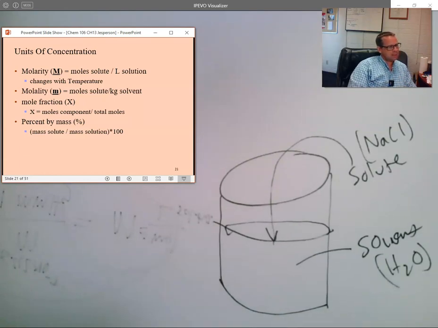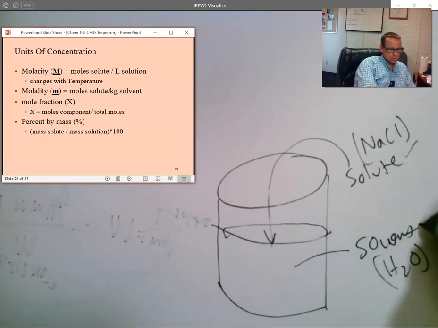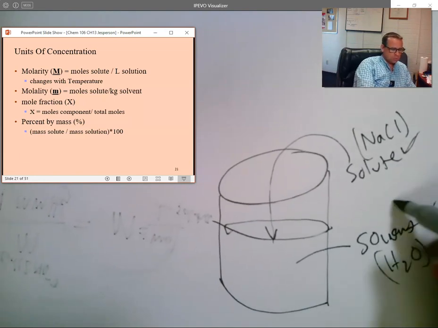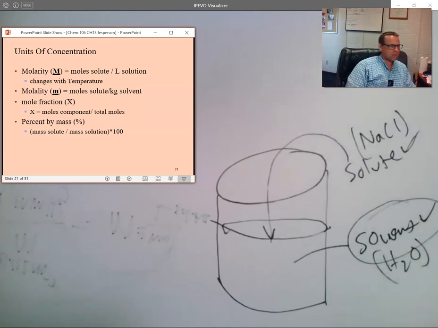Let's see, I think it's Aisha's turn. So Aisha, if you think about air as a solution, a mixture of a solvent with some solutes. Now let's see if you remember, Aisha, what's the difference between the solute and the solvent? What would our solvent be in the case of air, Aisha?